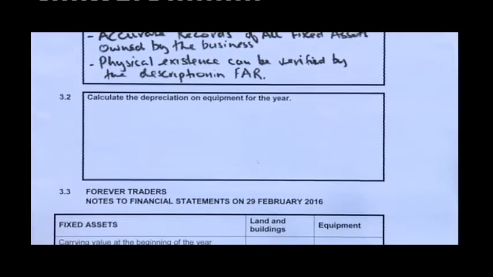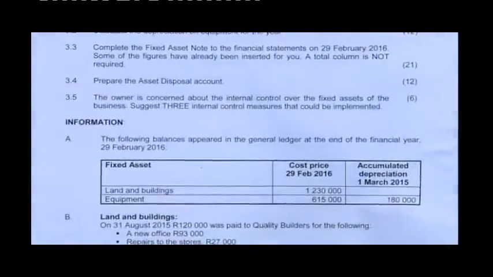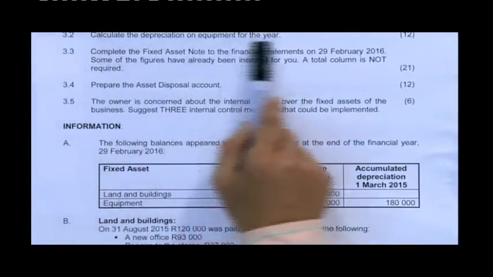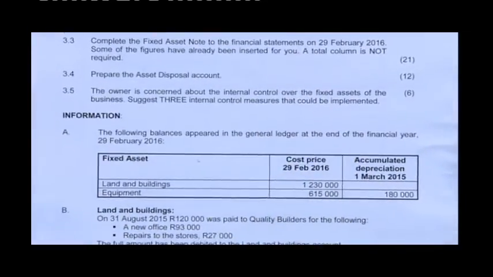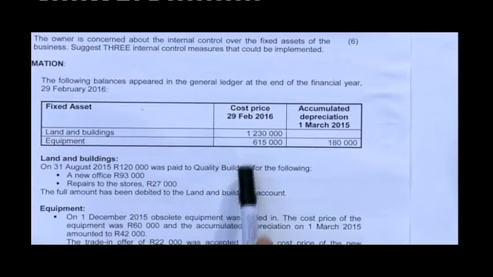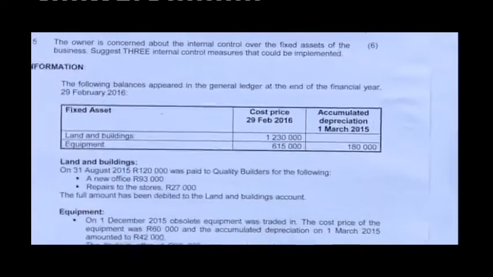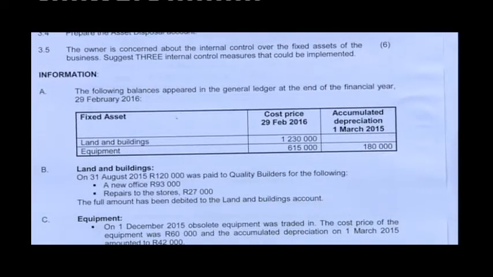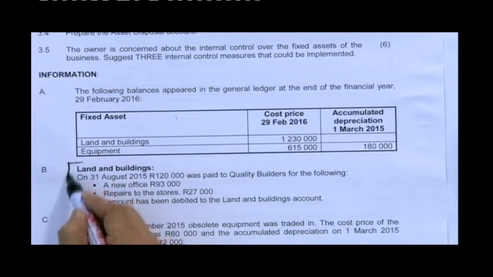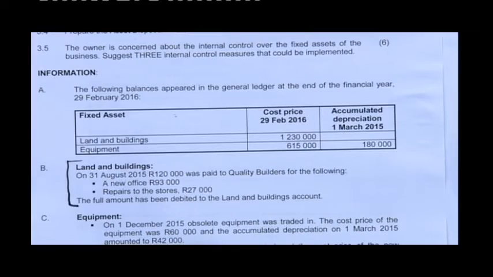Then the other part of the question says that we have to calculate the depreciation on equipment for the year. But I'm just looking at the question quickly. The question is giving us land and buildings, and it is giving us equipment. In the information, section B only has land and buildings, and then C has equipment.